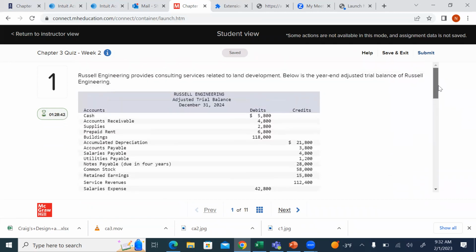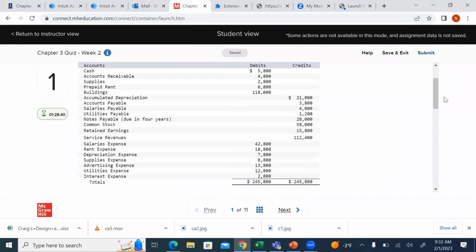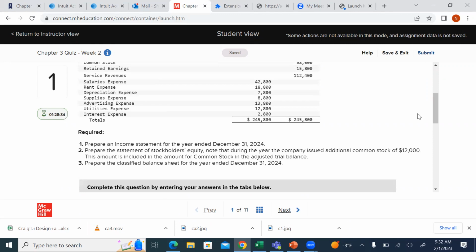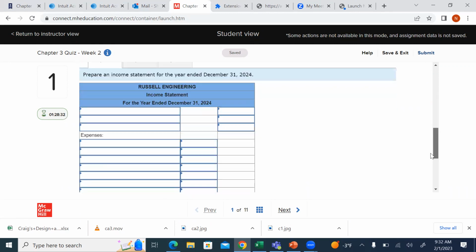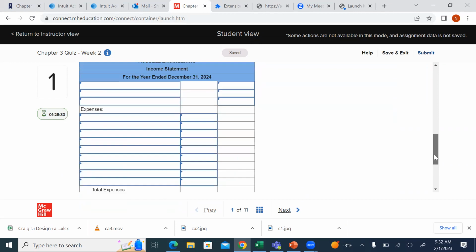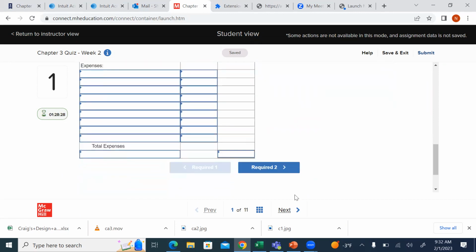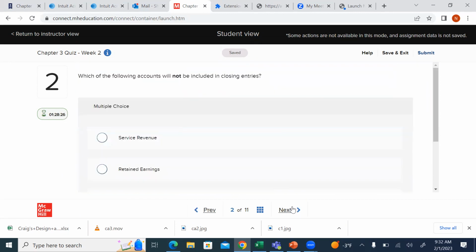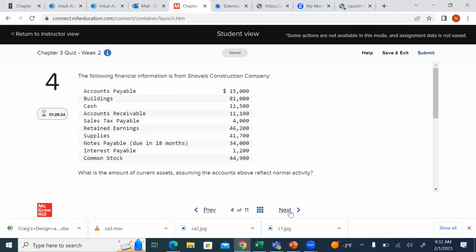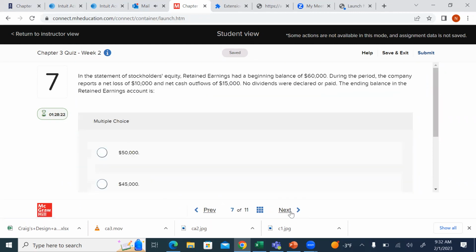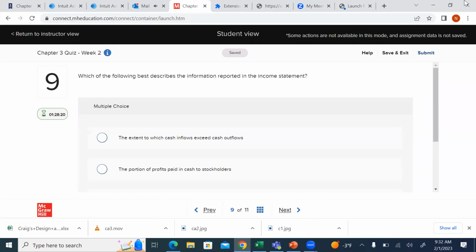Just so you know, for the week 2 quiz, they have you preparing an income statement, statement of stockholders' equity, and balance sheet. The rest is multiple choice. It looks like there's just one big problem.